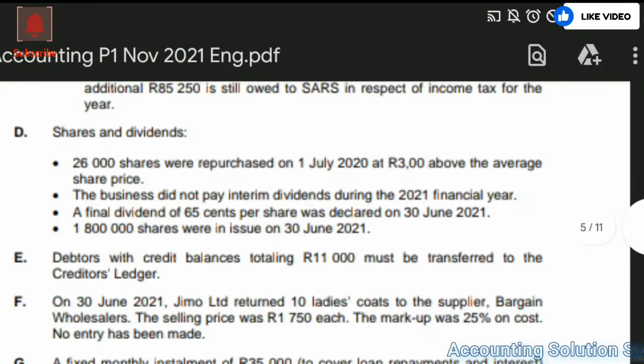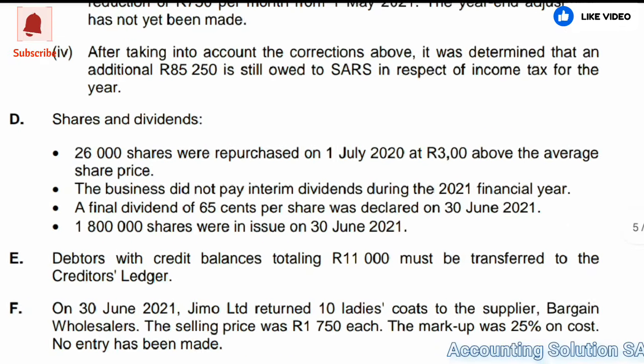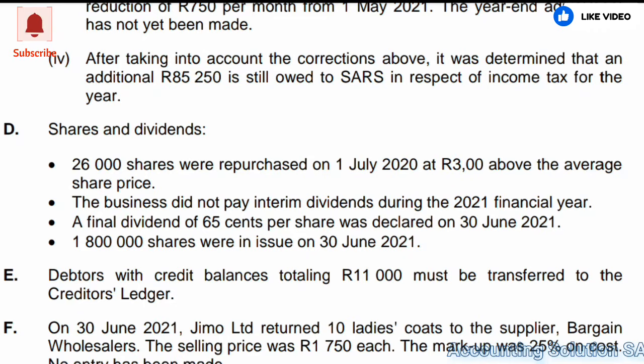Remember, under dividends we have interim dividends and final dividends. Then they say a final dividend of 65 cents per share was declared on 30 June 2021 and 1.8 million shares were issued on 30 June 2021. Now we have to calculate. Remember, guys, it's not always the case that you will be given only final dividends and no interim dividends. If there's an interim dividend, you have to make sure that you add it together with the final dividends.